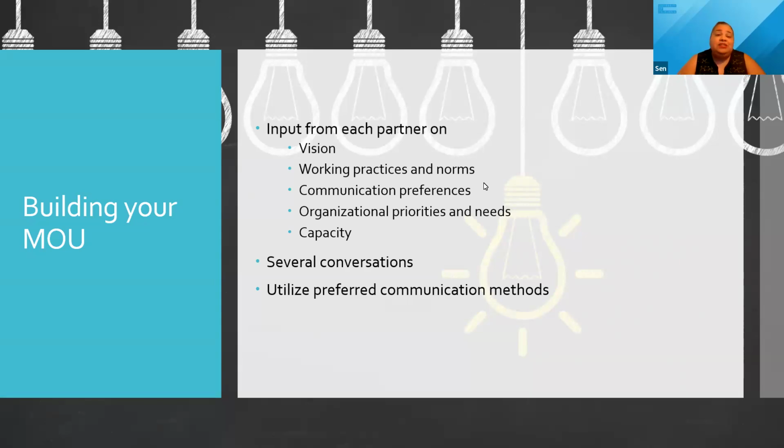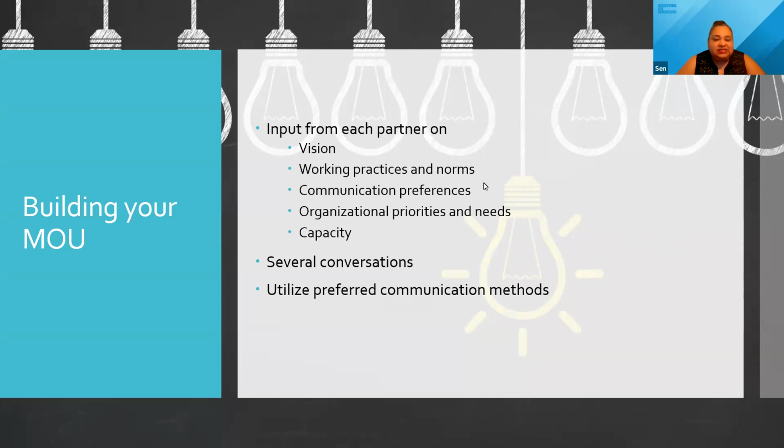So with the input from each partner, you will be gathering the vision for the partnership. These conversations also help you to discuss how you want to do business, what your needs are around communication, what are the priorities and needs for each organization, what are the norms for each organization around meetings and scheduling.